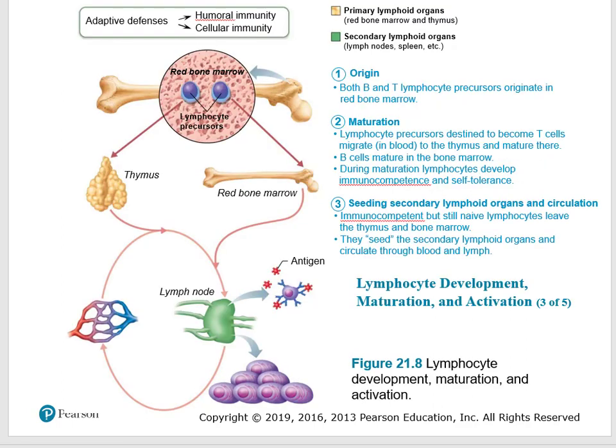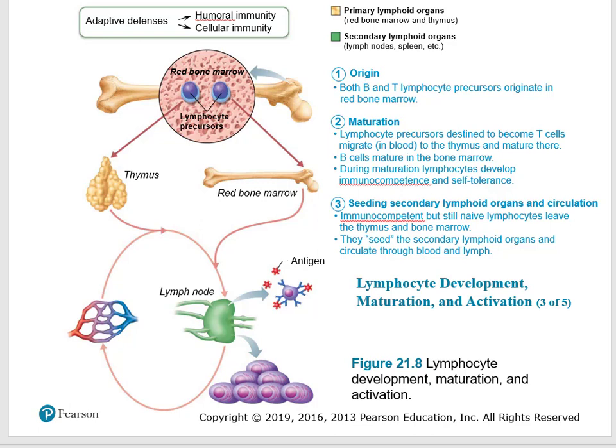Now you go on to the lymphoid system, the secondary lymphoid organs. Now remember, lymph itself takes fluid from the interstitial space and dumps it back into the venous system.